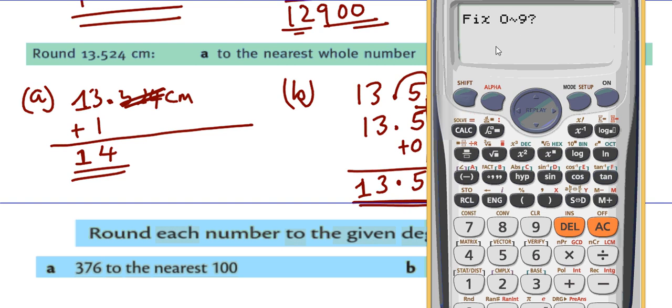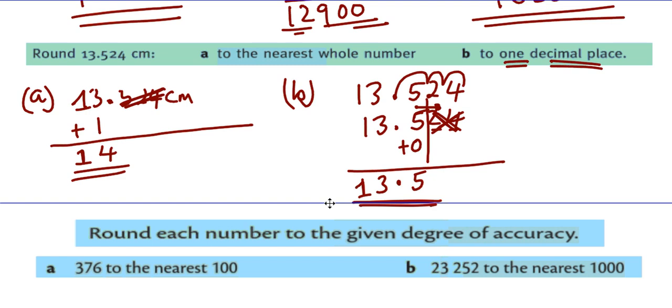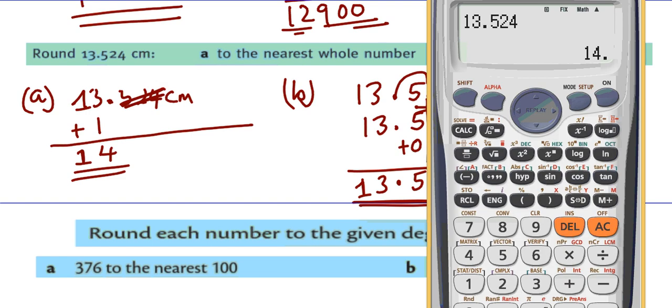No, I don't need any decimal place, I just need a whole number. Now a whole number is obtained by choosing button 0. So you click button 0 and the answer comes to be 14. And this is the answer which we got. We got 14.